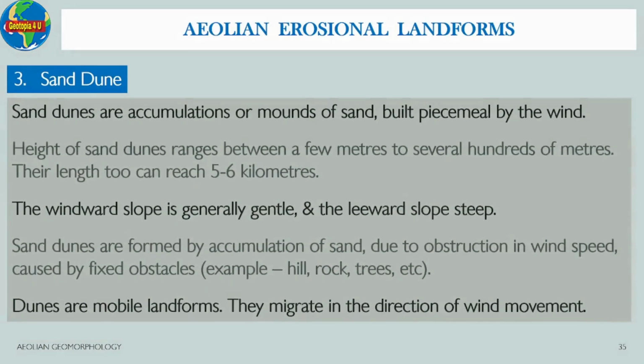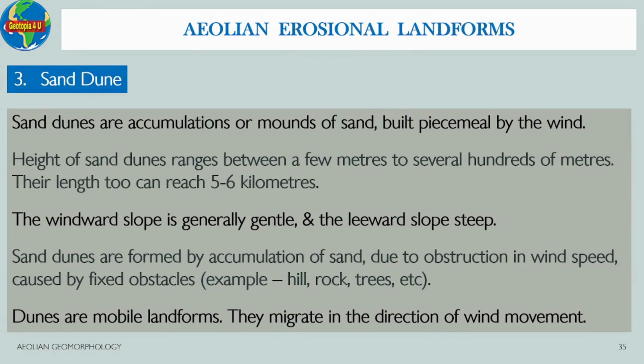Number 3. Sand dunes. Sand dunes are accumulations or mounds of sand built piecemeal by the wind. Height of sand dunes ranges between a few meters to several hundreds of meters. The length too can vary from 5 to 6 kilometers. The windward slope is generally gentle and the leeward slope steep.